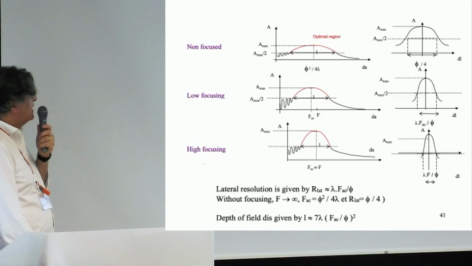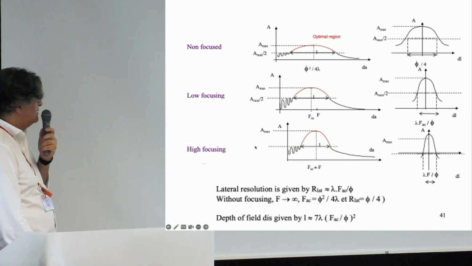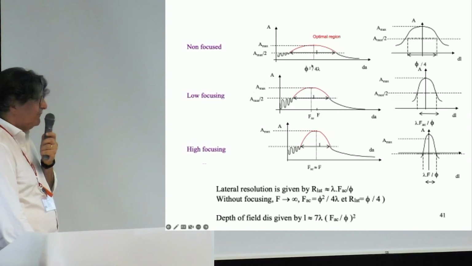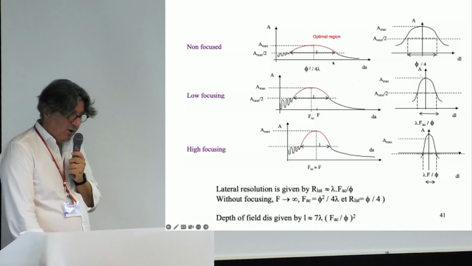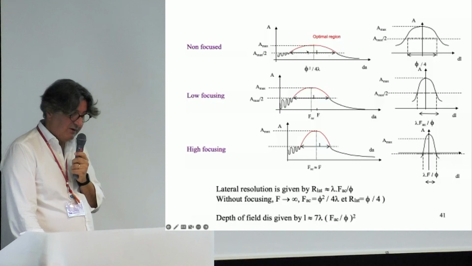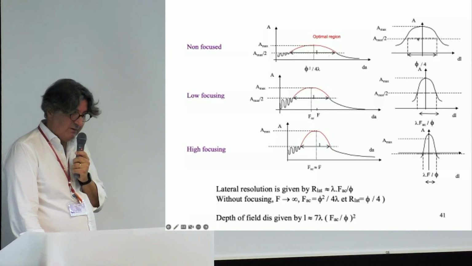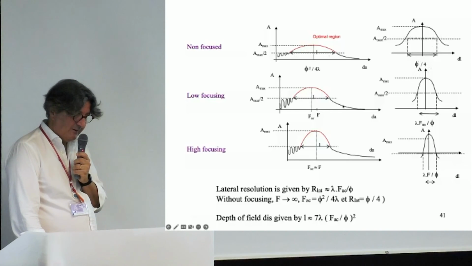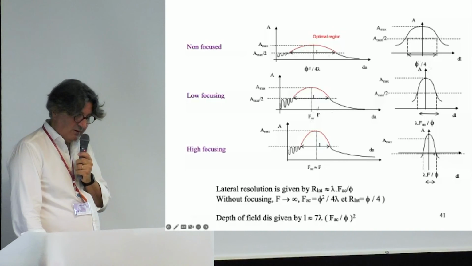So now let us look at some results. If you have a non-focused transducer, the optimal region for each insertion is given here, and typically the beam spreading is given here. It's the diameter divided by 4. And low focusing, and high focusing, and narrow beam width.